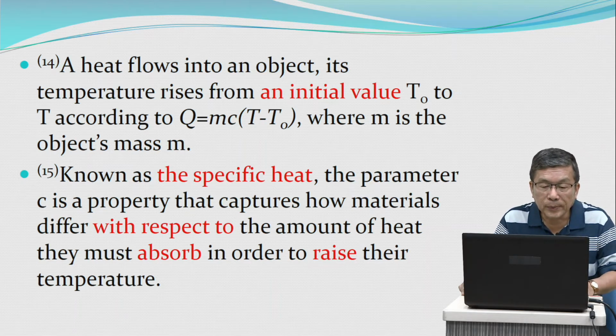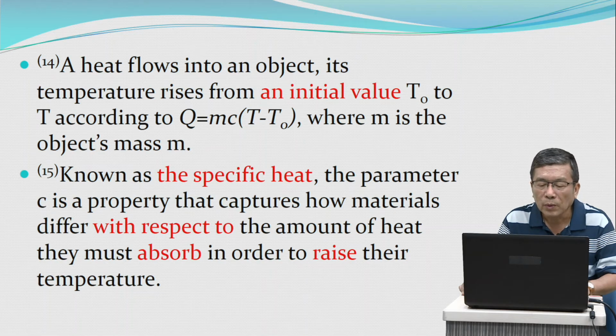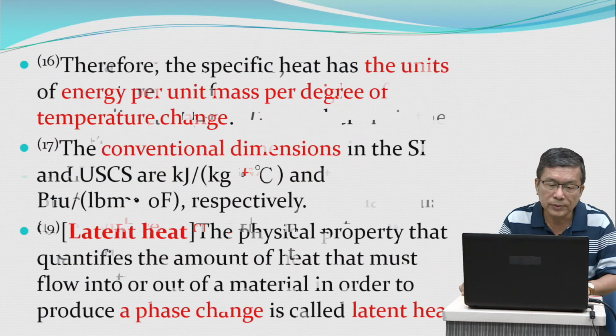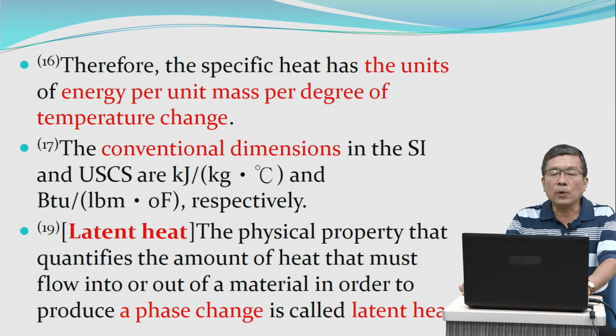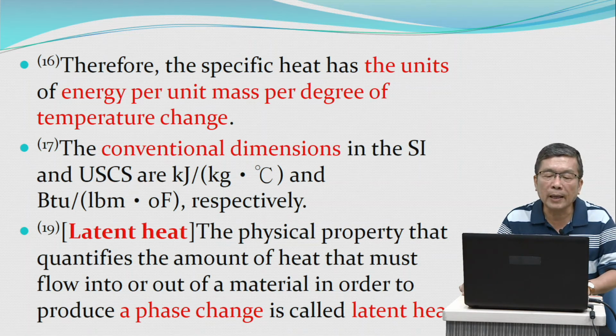Known as the specific heat, the parameter c is the property that captures how materials differ with respect to the amount of heat they must absorb in order to raise their temperature. Therefore, the specific heat has the unit of energy per unit mass per degree of temperature change.